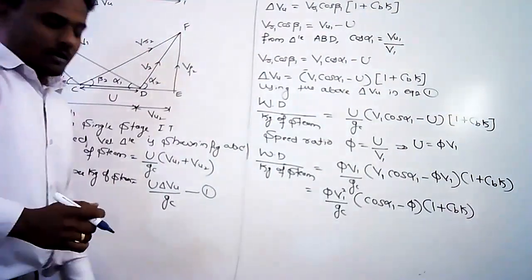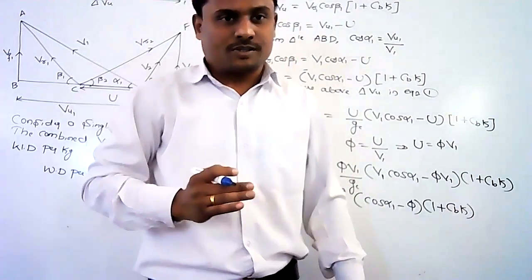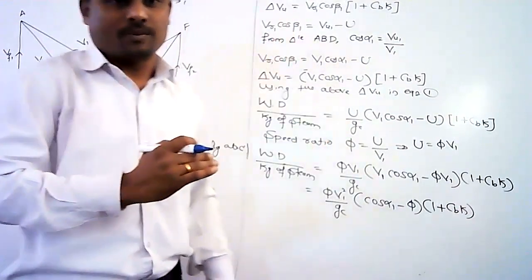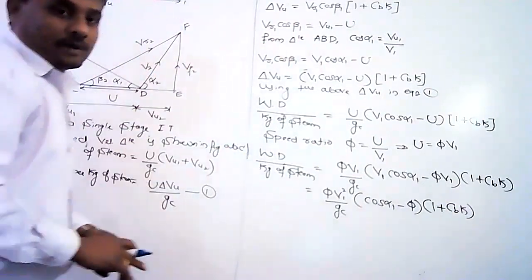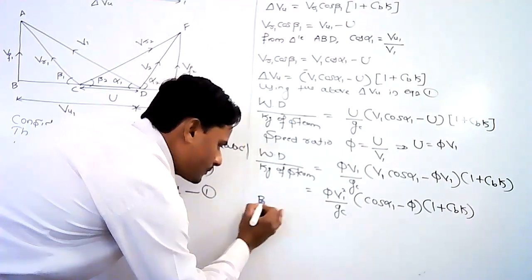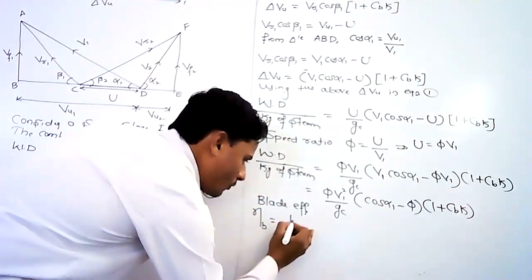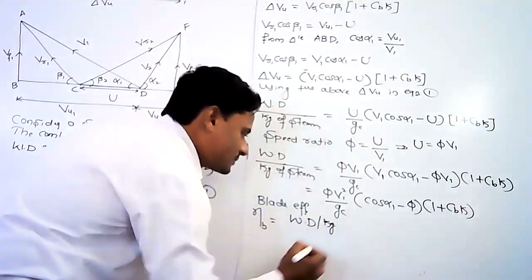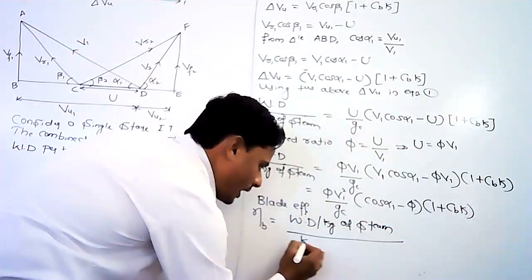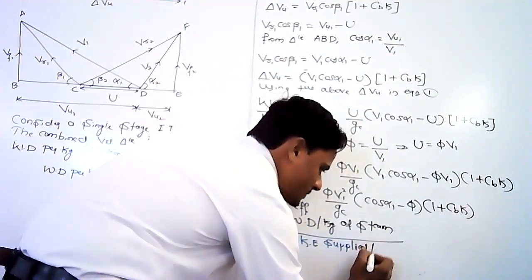Now we know that the blade efficiency, or the diagram efficiency, can be written as work done per kg of steam divided by the kinetic energy supplied per kg of steam.